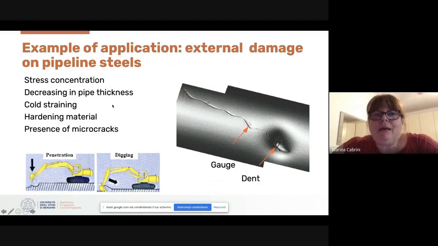There are several effects such as stress concentration, decreasing of pipe thickness that increases the stress, cold straining and hardening of material that increase the hydrogen embrittlement susceptibility, and in some cases also the presence of microcracks in this highly strained material.